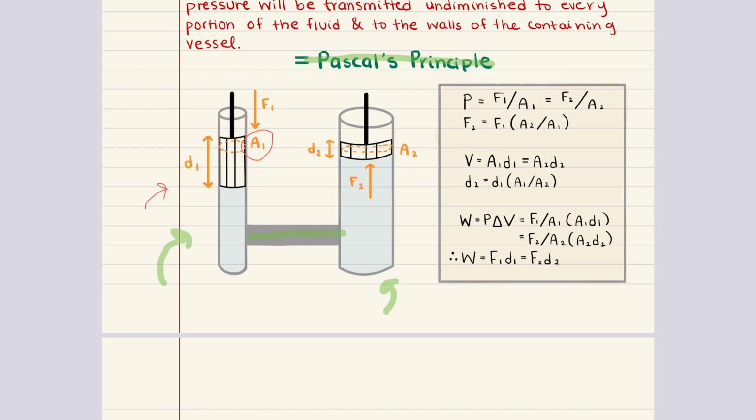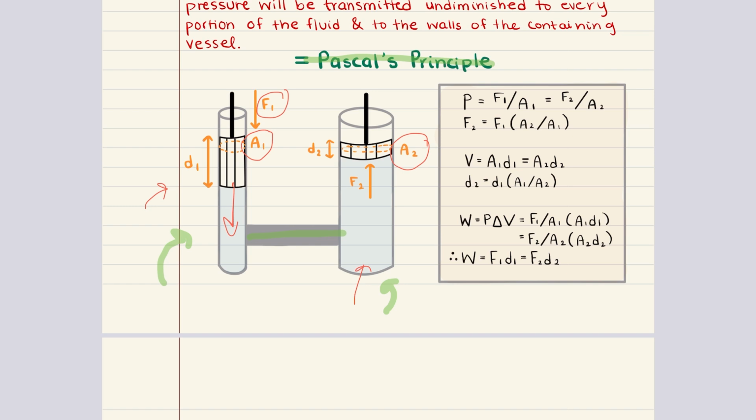When a force F1 is applied to this piston, it moves downward, pushing the liquid below it. Since the liquid is incompressible, this displacement generates a pressure within the fluid. According to Pascal's principle, this pressure is transmitted undiminished throughout the entire fluid. That means the same pressure reaches the other side of the lift, where we have a larger piston with a cross-sectional area A2.